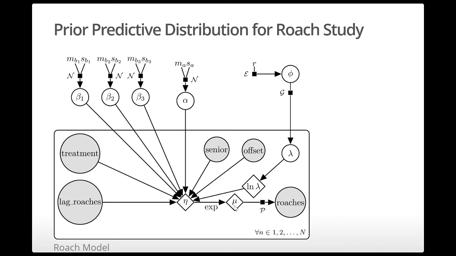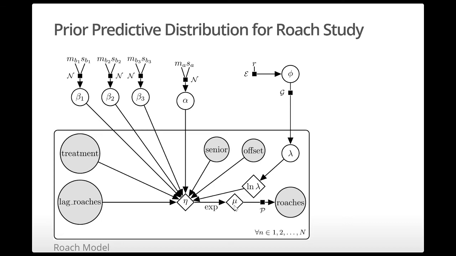Yeah. So you put everything together and you have a Poisson. Right. So you put all this together, you get eta for each of your observations, because these predictors vary. You exp eta to get mu. Also, eta has the logarithm of lambda in it.